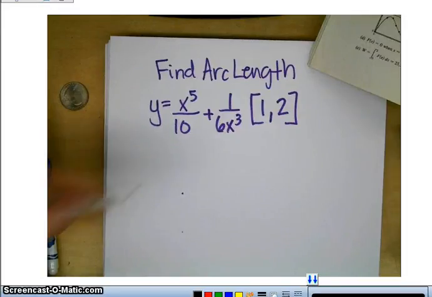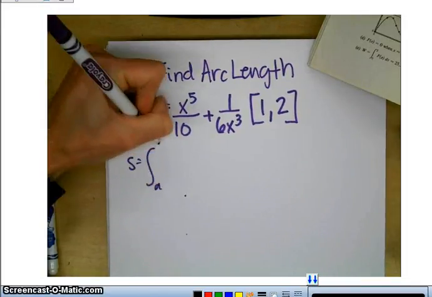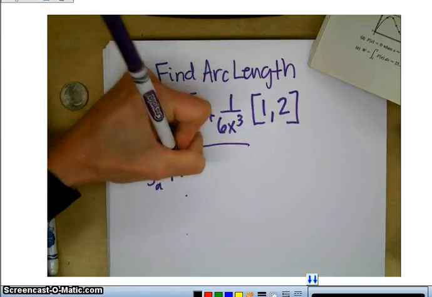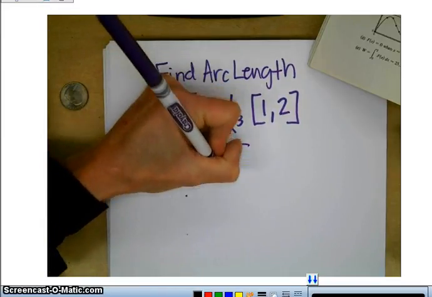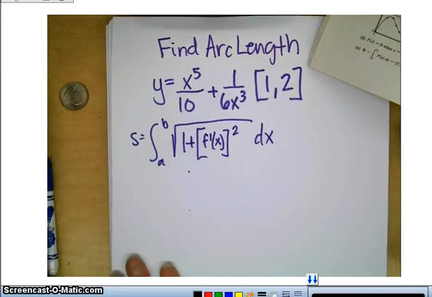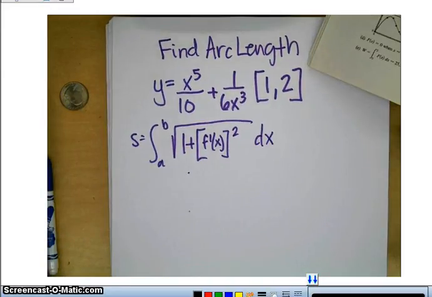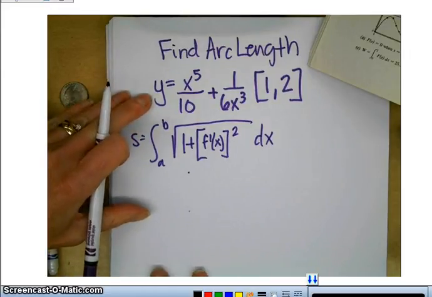All right, so our formula for arc length, S is the integral from a to b of the square root of 1 plus f prime of x squared dx. All right, so what are we going to need to do with this function? Okay, we're going to take its derivative.